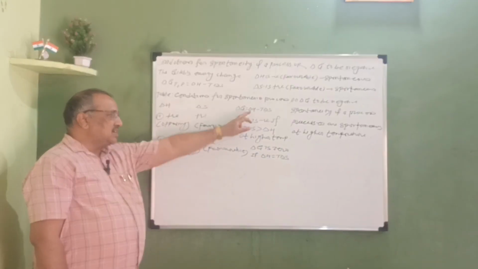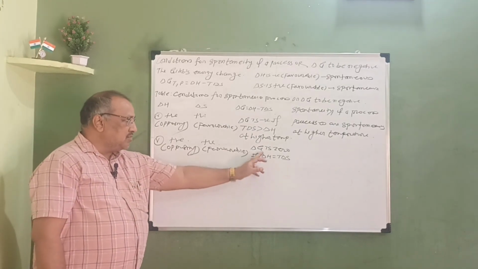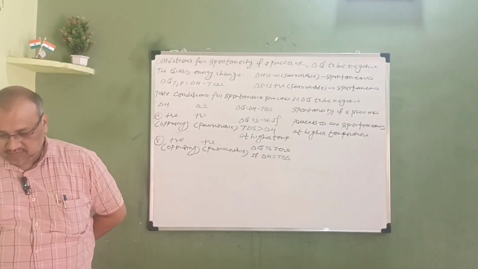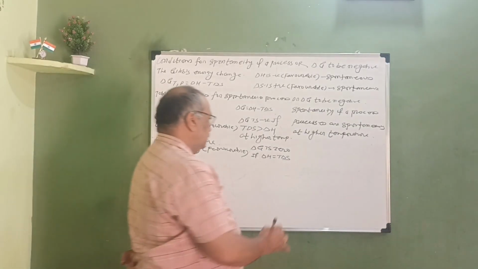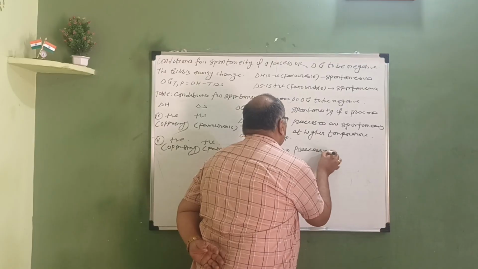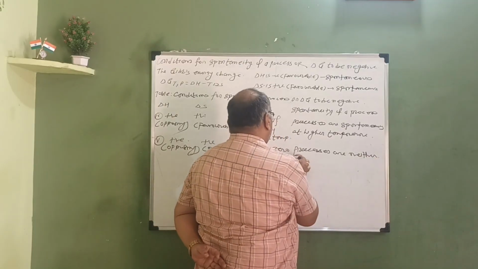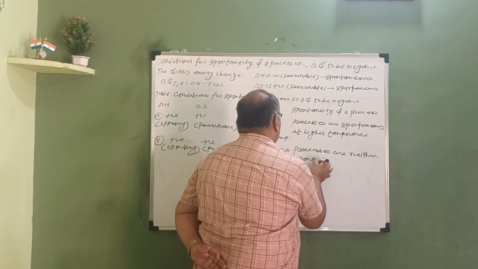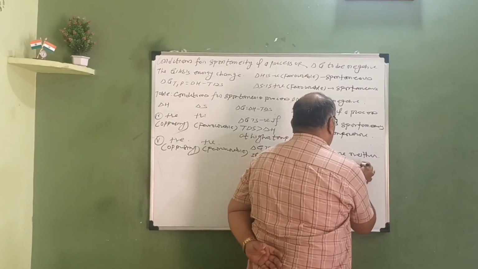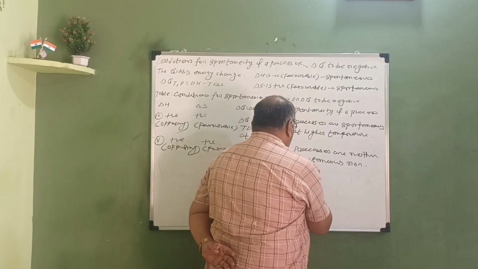That means this delta H is positive and T delta S is negative. That means if they are equal, then delta G becomes 0. And here processes are neither spontaneous nor non-spontaneous.